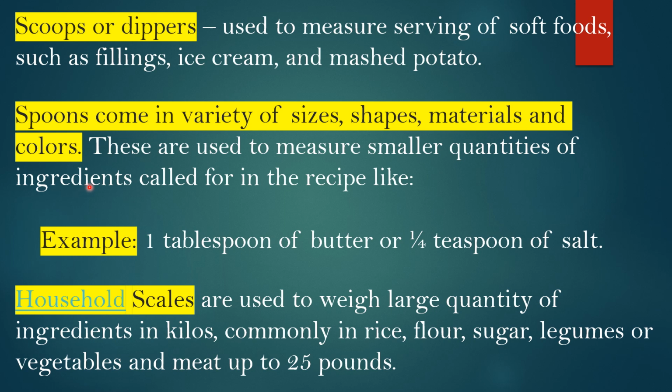So yan yung ating spoons, come in a variety of sizes, shapes, and materials, and colors also. Okay, next naman, the household scales are used to weigh large quantity of ingredients in kilos, commonly in rice, flour, sugar, legumes, or vegetables, and meat, up to 25 pounds.